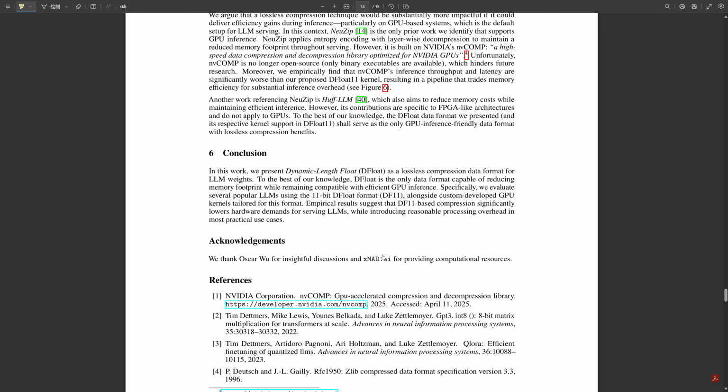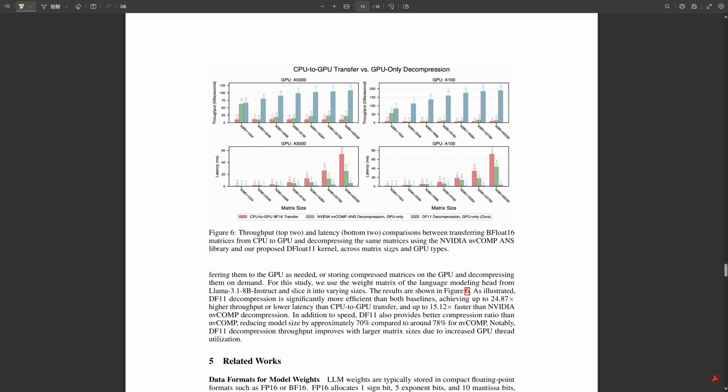So it feels like DFloat11 isn't just a way to do lossless compression for LLMs. It's a way that's deeply integrated with making it work efficiently on the hardware that matters most, the GPU. That's exactly it. It's a really compelling example of co-designing the compression algorithm and the hardware implementation. It offers a real, practical path to using these incredibly powerful, but previously often inaccessible AI models without needing the absolute bleeding edge, most expensive hardware setups.